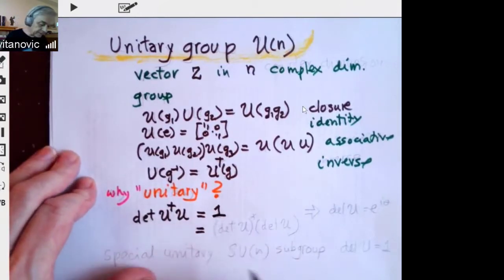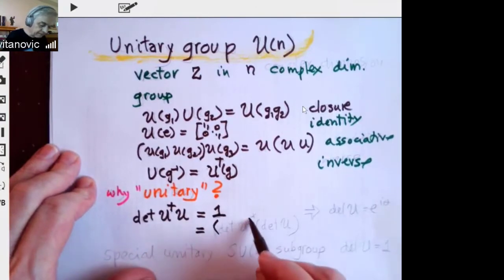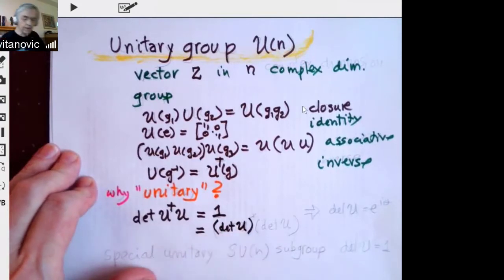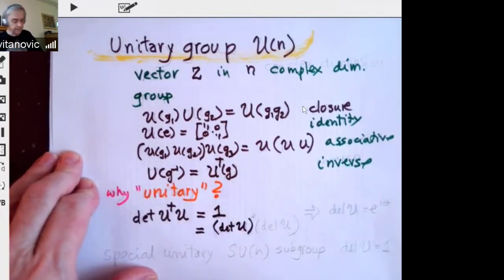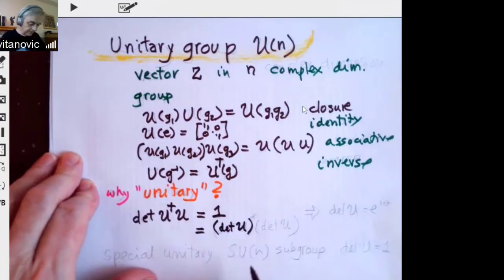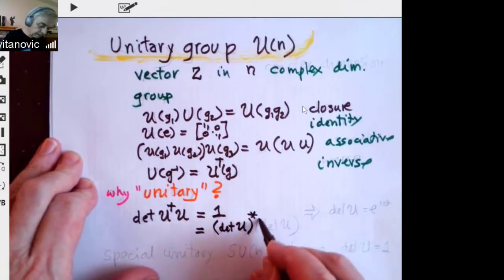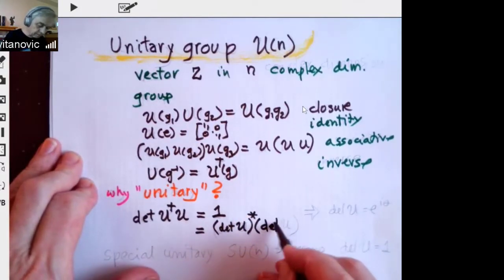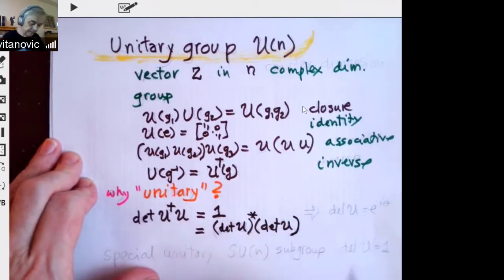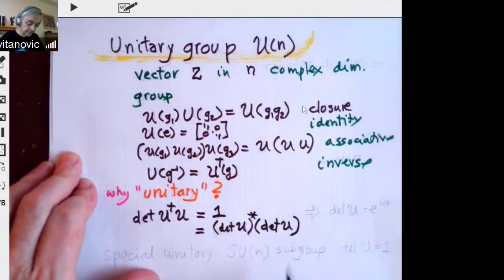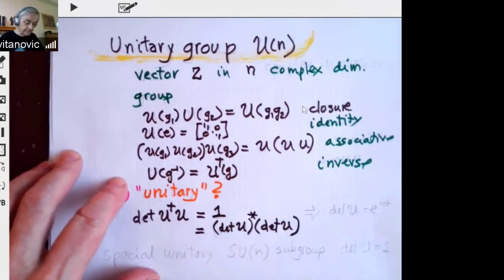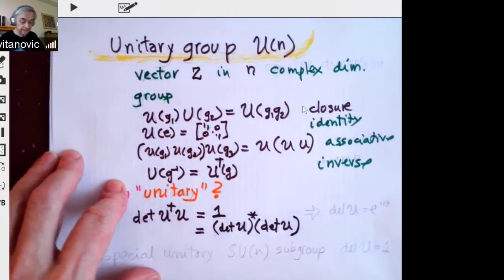But by the matrix multiplication rule for determinants, that's the same as computing the determinant of U^dagger times the determinant of U. Now, you can easily check the determinant of the transposed matrix and the matrix are the same, but there's also the complex conjugate, times the determinant of U. These are just numbers, and it says a number times its complex conjugate is 1.